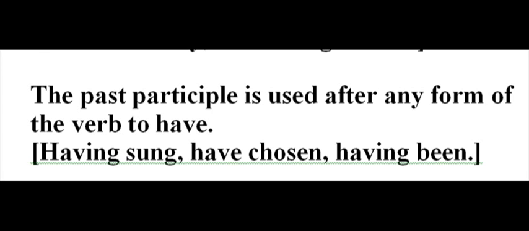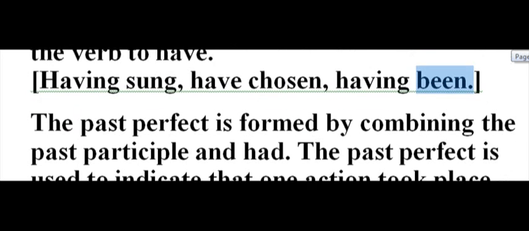Any form of the verb to have, if you have a verb that follows that, that's a past participle. That's when we use a past participle. So we have the word having, have, having. And what follows that? Sung, chosen, been. Past participle is used after any form of the verb to have.